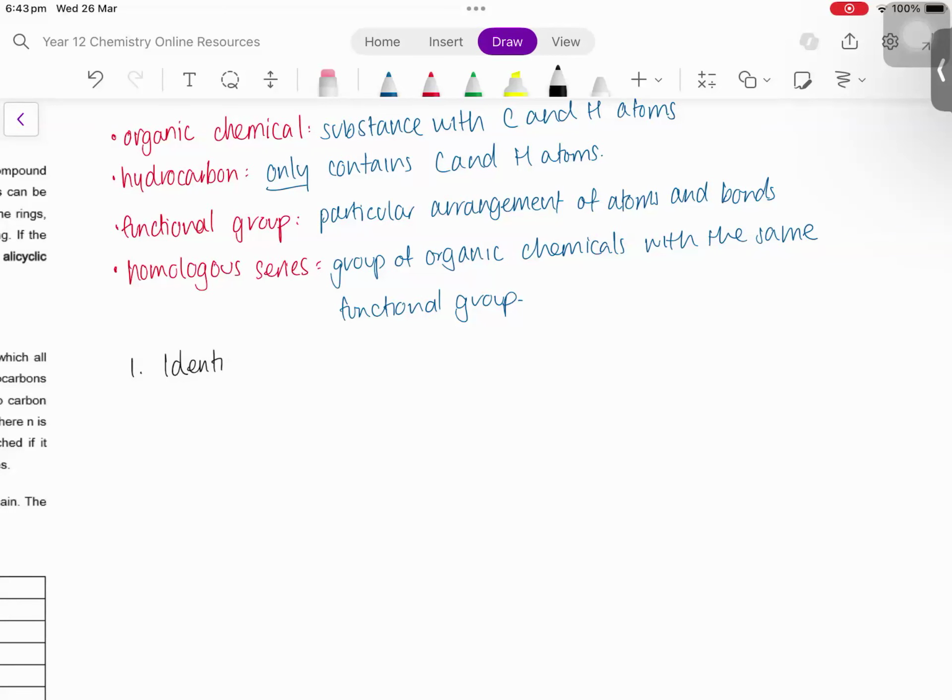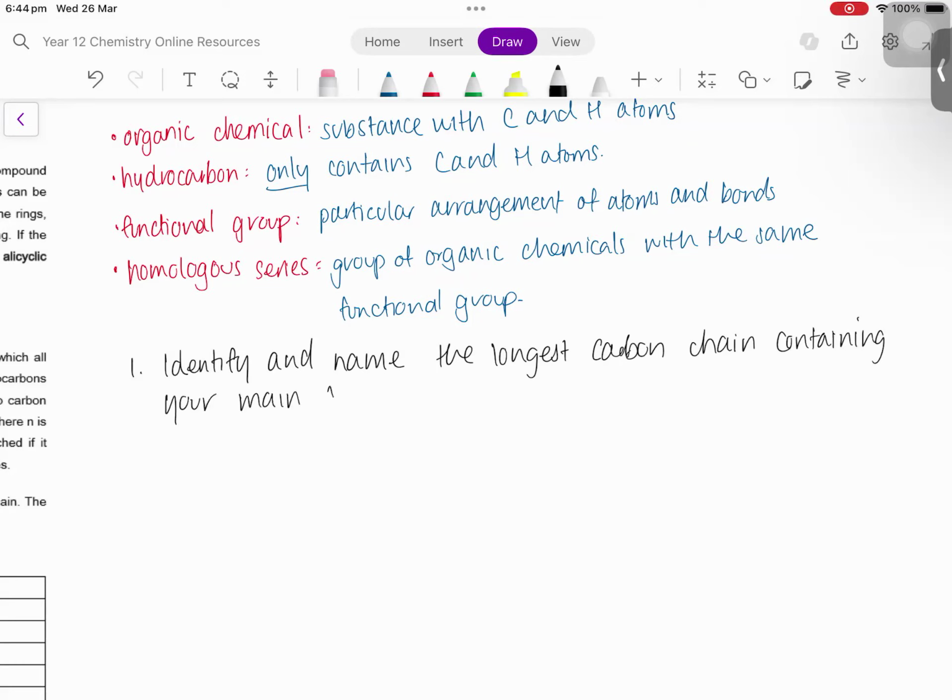Okay, step number one to naming your organic chemicals, you're going to identify and name the longest carbon chain containing your main functional group.